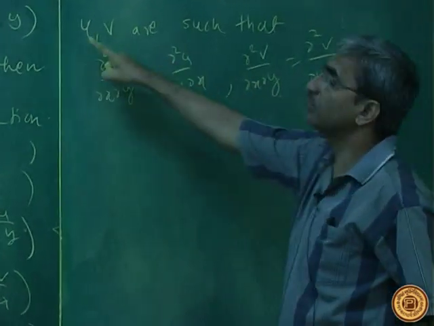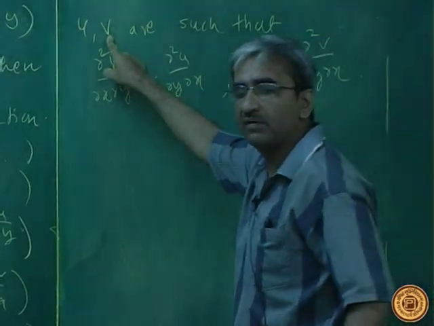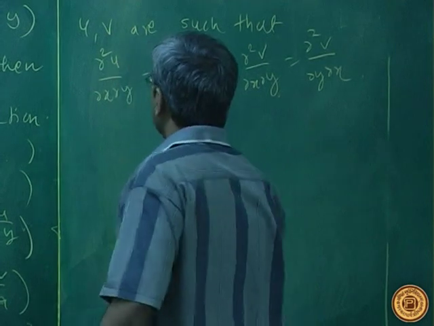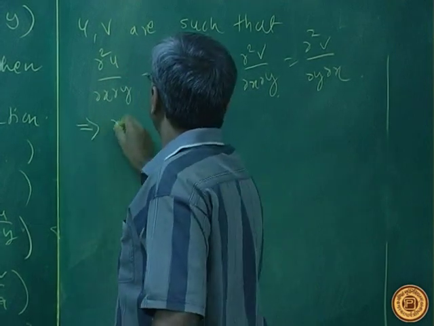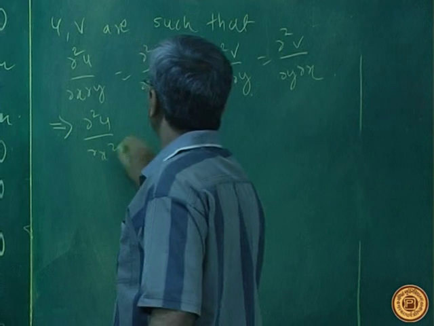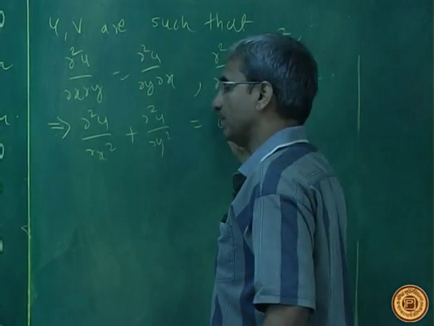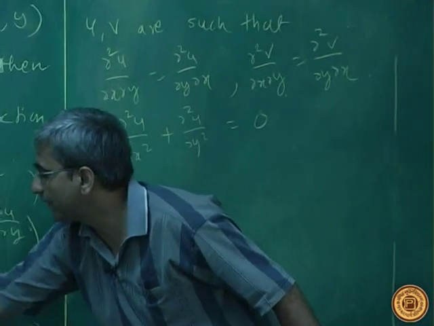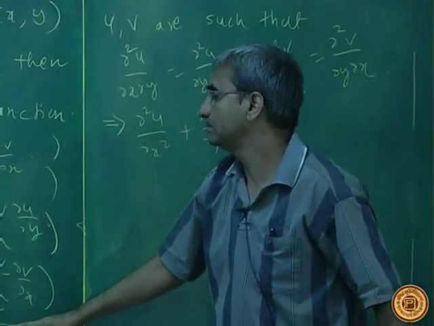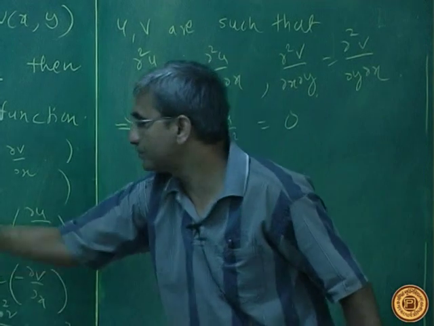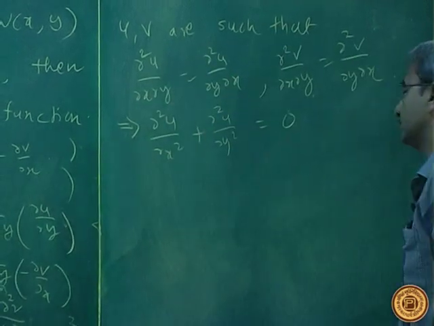Actually the conditions on u and v are that second order partial derivatives are continuous. So from this we get that d2u by dx square plus d2u by dy square equal to 0, because here I have d2v by dx dy and here I have minus d2v by dy dx. So if you add these two, you will get 0. Okay.